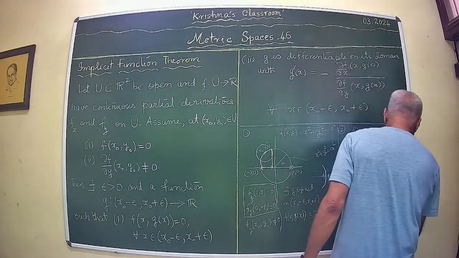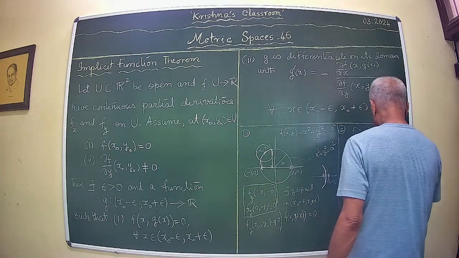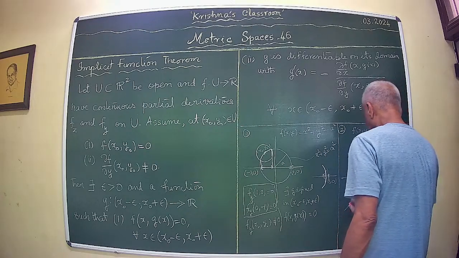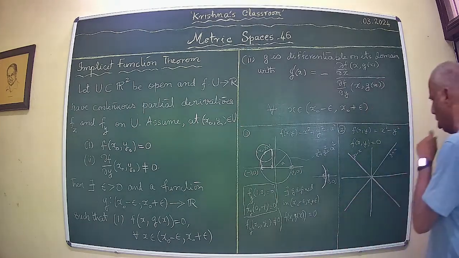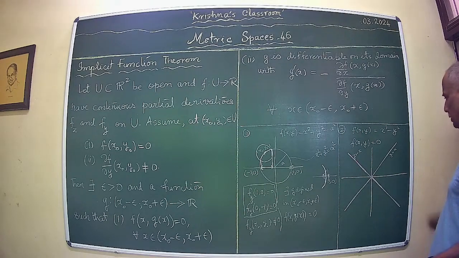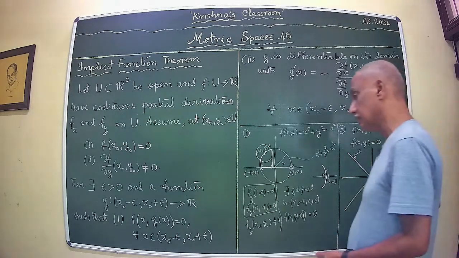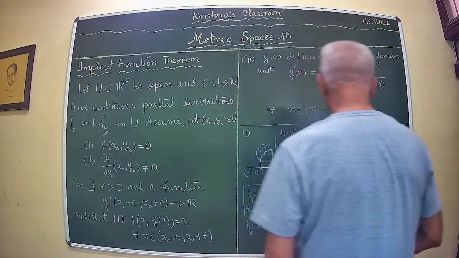Now what we are asking is, is it possible that at every point you can express, in some neighborhood of that point, the portion of the intersection of this curve with that neighborhood in the form y as a function of x?